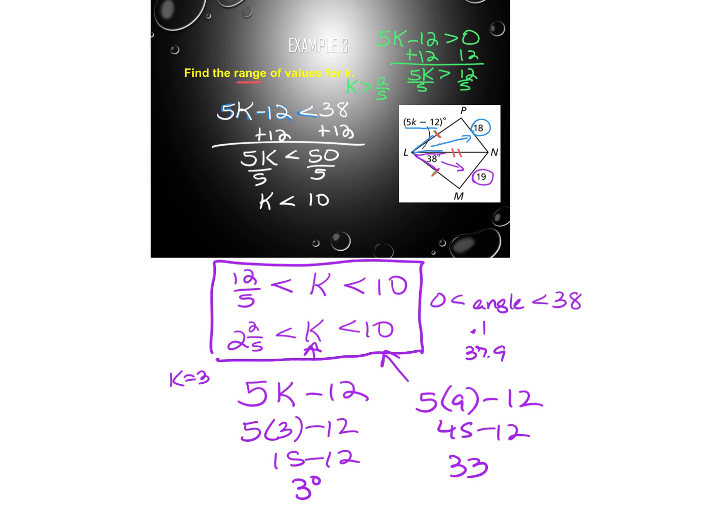Everything that's outside of that purple box is my explanation of how I picked acceptable values of K to show you what could be an acceptable angle measure for that. And again, remember 38 in this picture had to be the larger angle. It can't go over 38 degrees for the other angle that's represented as the 5K minus 12.